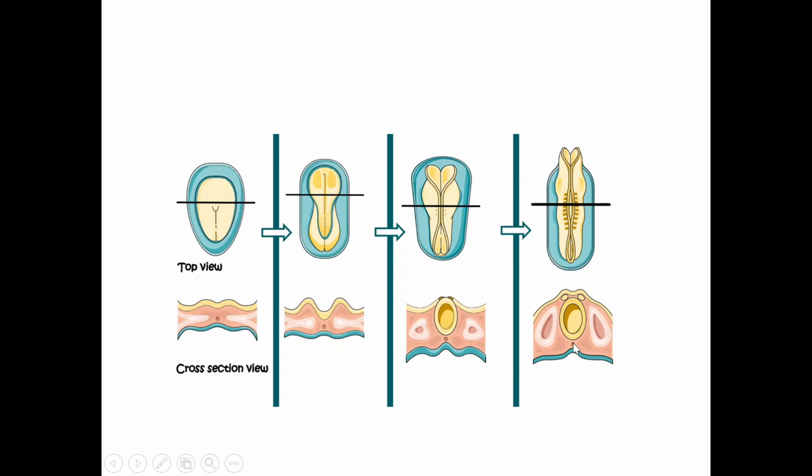As we know, our spinal cord is protected within the vertebral column, and the vertebral column is formed from this part, the notochord. You have cartilages that start as projections on either side. They grow completely on either side, and then they join to form the spinous process, in a way that completely surrounds the neural tube of the spinal cord.